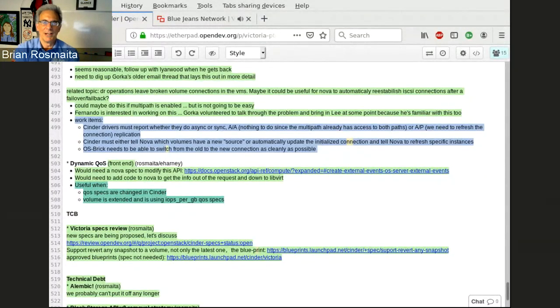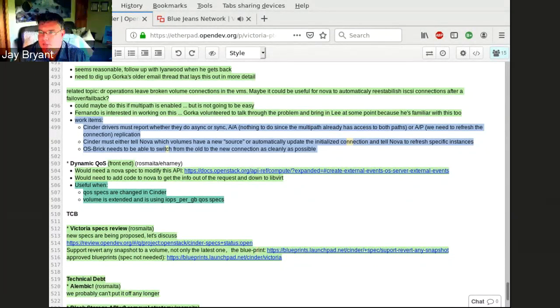He doesn't see that there'd be any opposition to this on the Nova side, but they don't have anybody itching to do it either. With the IOPS per gigabyte case where they change the volume size, that's obviously a good use case. I think there are more public cloud use cases too, where people may need to dynamically change QoS without wanting to reboot. So it would be a good add for it.